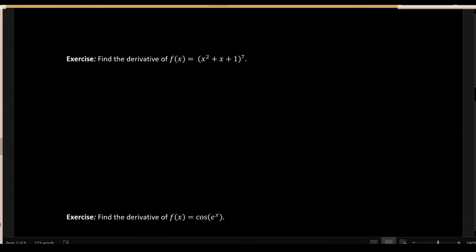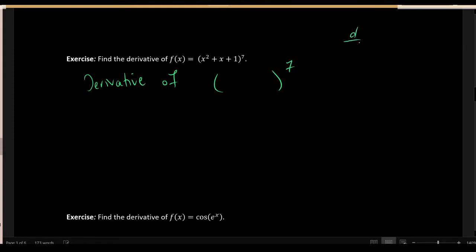We're going to do a lot of examples. So in this case, I have this huge mess, x squared plus x plus 1, quantity raised to the power 7. So in this case, I'm going to ask myself, what is the derivative of something to the 7th power?